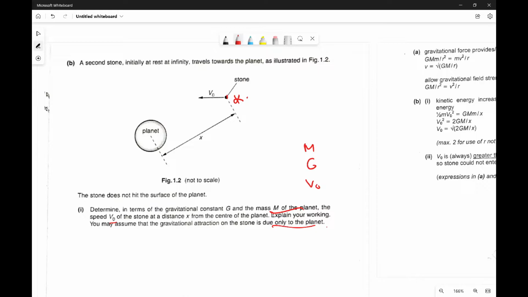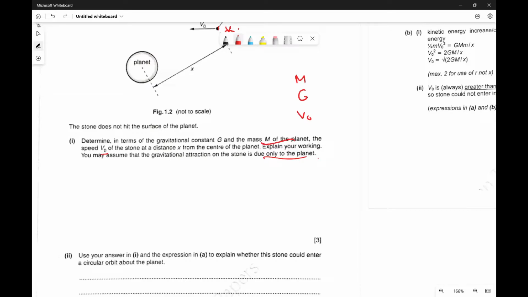So this means that now let's equate the kinetic energy and the gravitational potential energy.